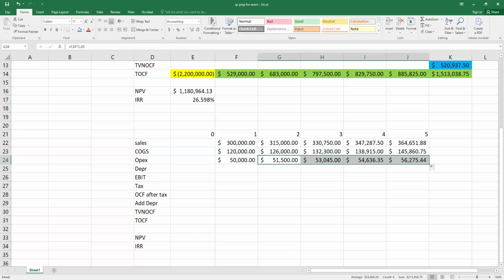Okay. And then the depreciation percentages, like 20, 32, 19.2, 11.52. So I'm going to put them here. I already forget. 20. 32.